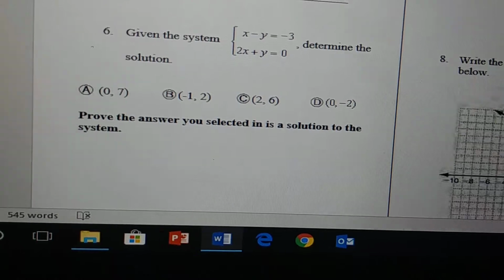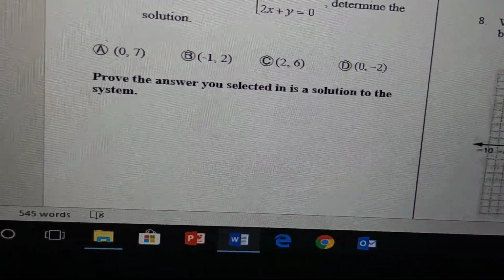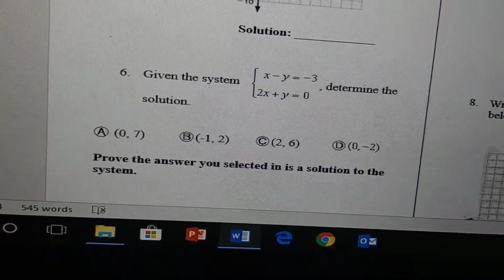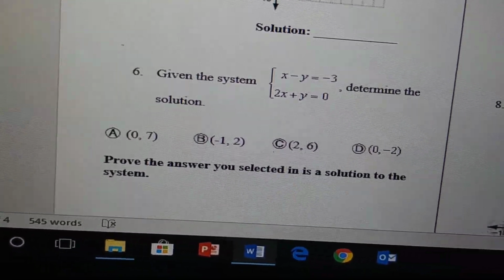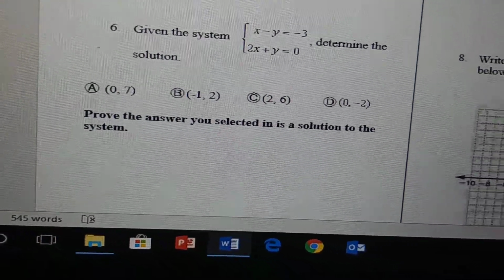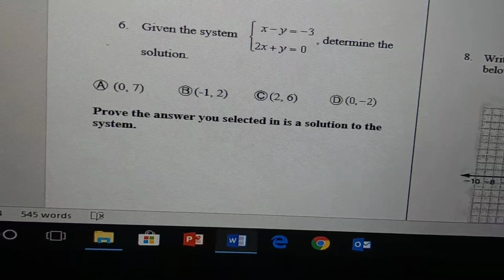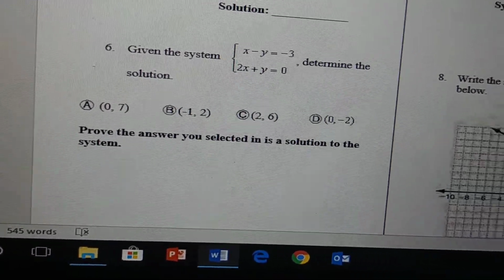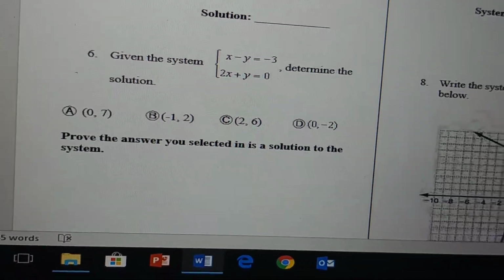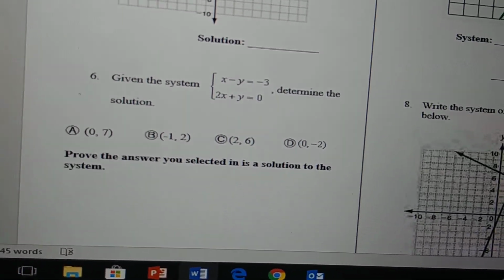Then it says, prove the answer you selected is a solution to the system. So you already know that -1, 2 is the solution. So you can just take your values and replace them in each equation. Let me go to the paper.